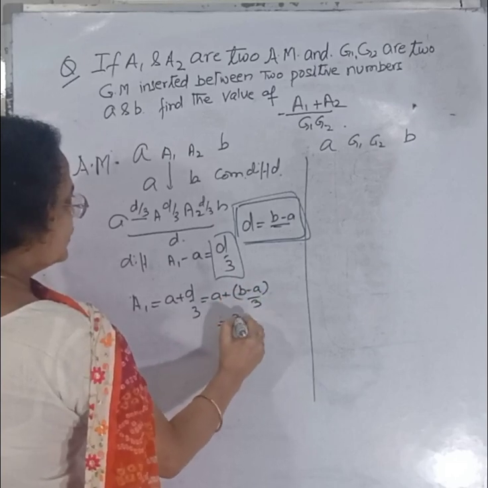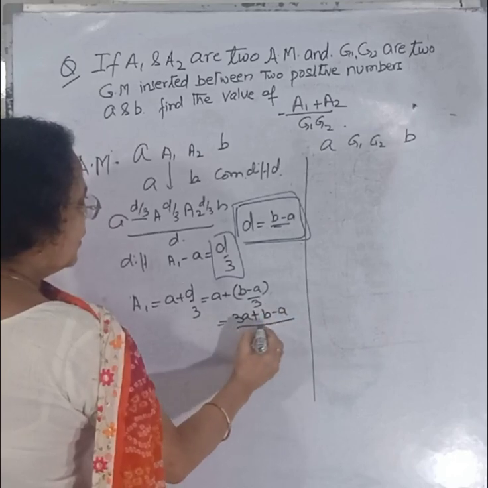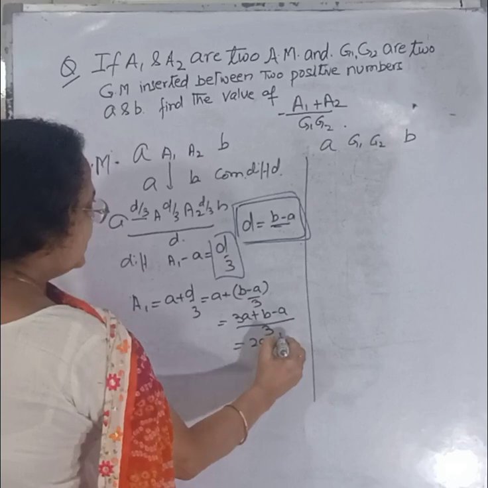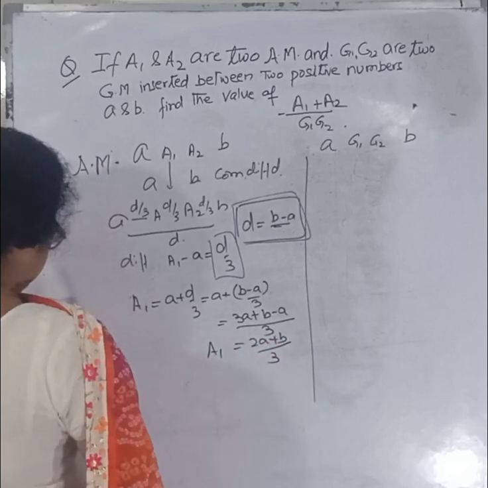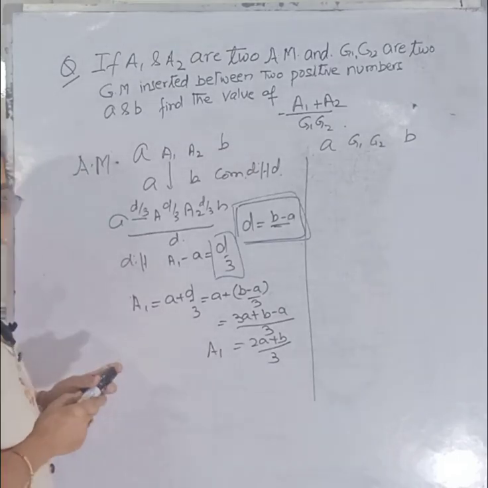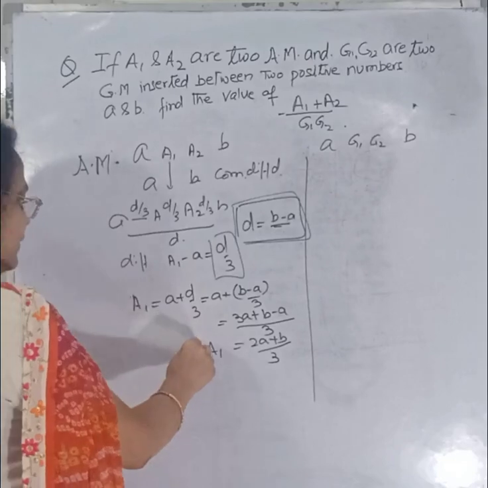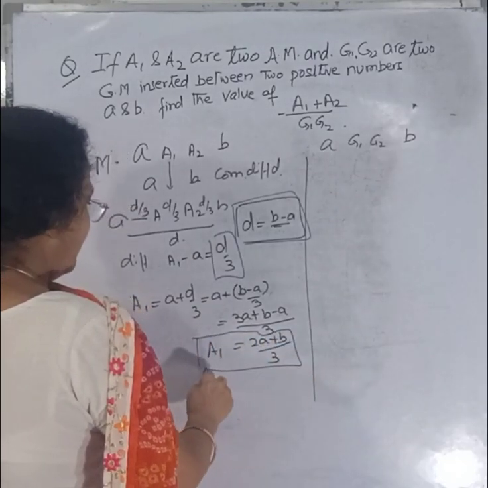This equals (3A plus B minus A) upon 3, that is (2A plus B) by 3. This will be the value of A1. Everything is okay, so it is to be noted.